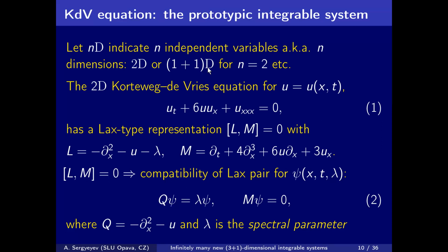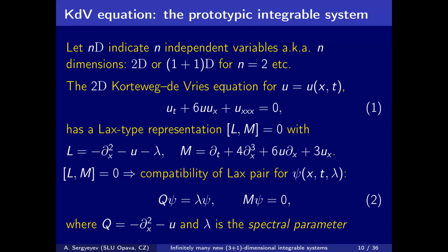In the theory of integrable systems, the notation like 1 plus 1D doesn't really imply any relativistic covariance. If we say that some system is 1 plus 1D or 2 plus 1D or whatever, we don't really mean that it is relativistically covariant. It may be, but this notation by no means implies that it is.